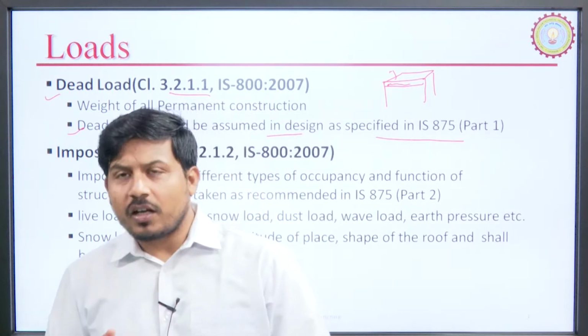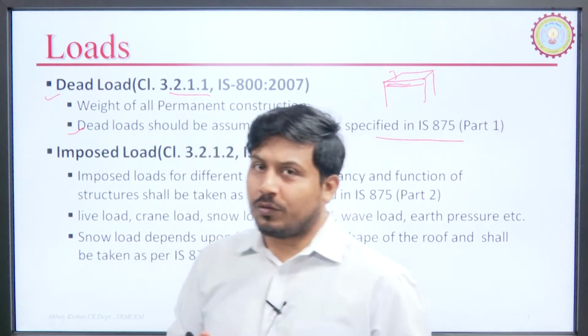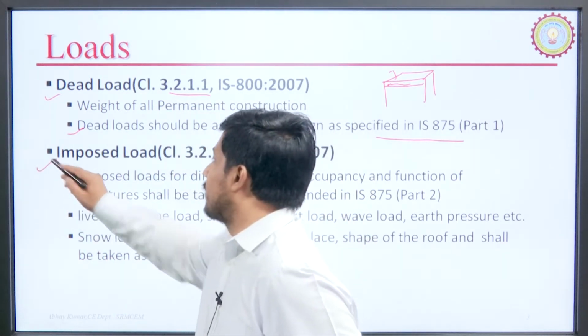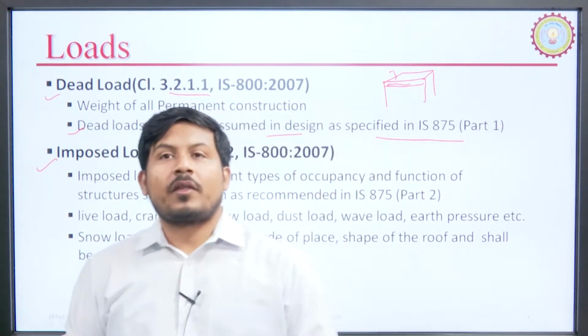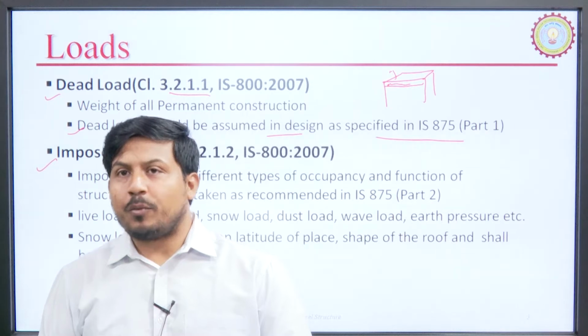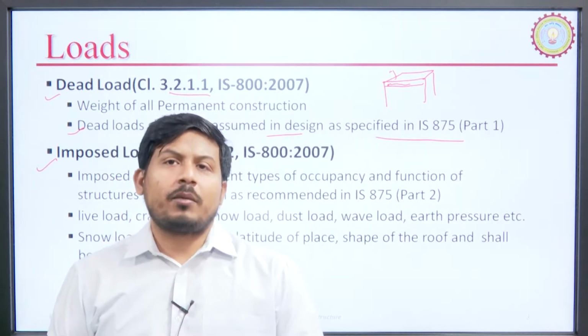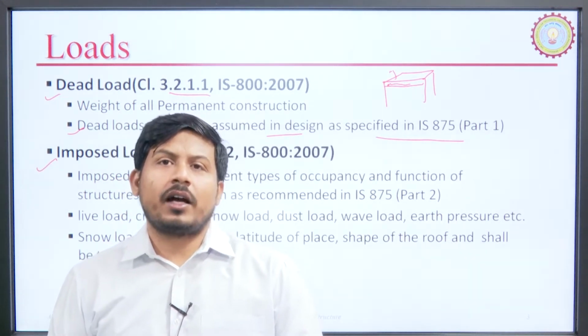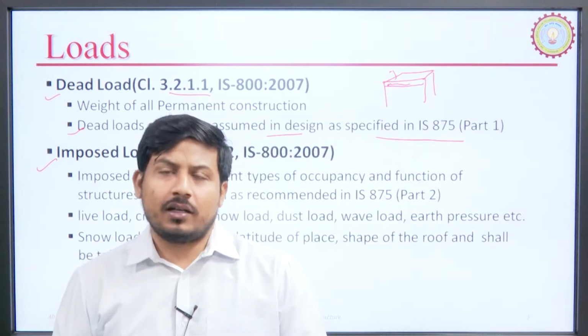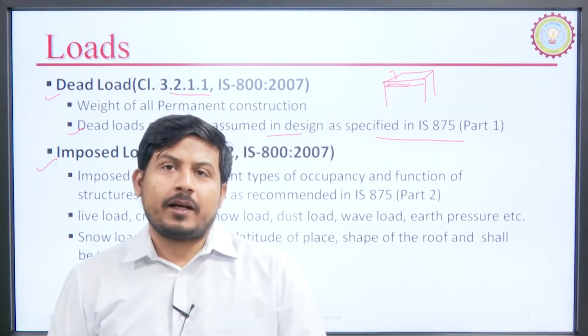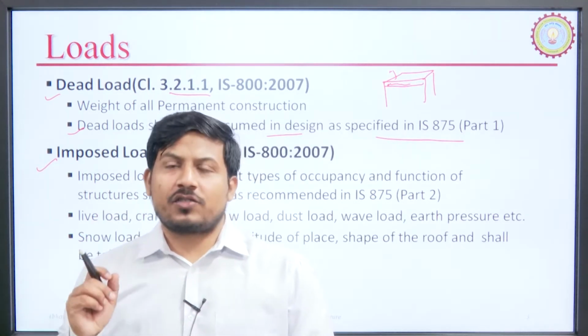Now, let us talk about the imposed load. What is imposed load? As we hear the words imposed load, what comes to our mind? Our mind says that it is a kind of occupant load that is imposed on any structure.